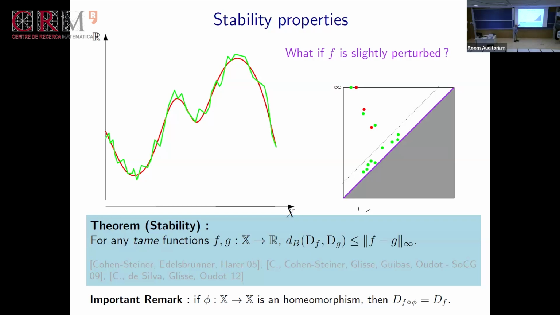But the point is that if you take two functions defined on a topological space and you look at the persistence diagrams associated to their sublevel set filtrations, the bottleneck distance between the two persistence diagrams is always upper bounded by the sup norm of the difference between f and g. So if you want to perturb the topology of the sublevel set filtration by more than epsilon, you need to change your function by more than epsilon in the sup norm.